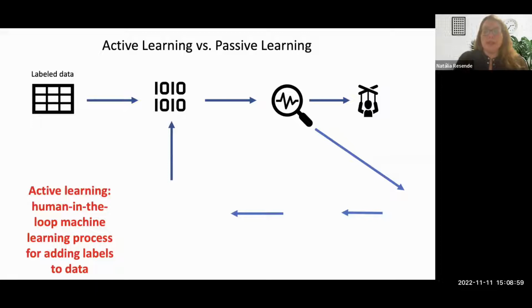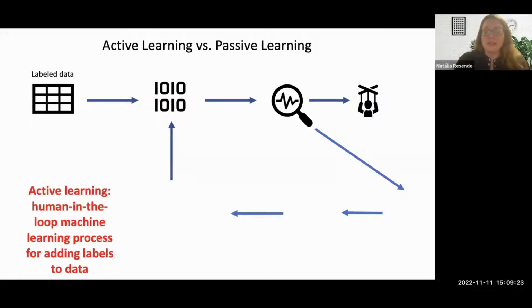But in some cases, we don't have enough labeled data. In this case, we have a small data set with labeled data, but the model performance is not sufficient for correctly predicting from a pool of unlabeled data.